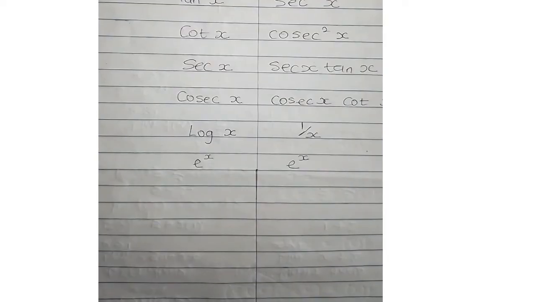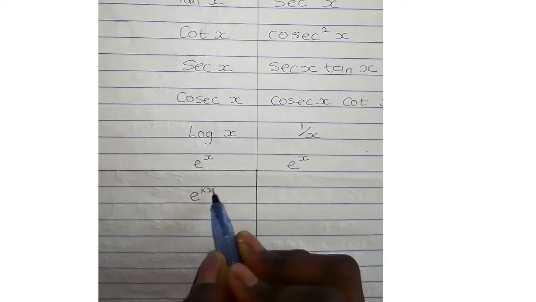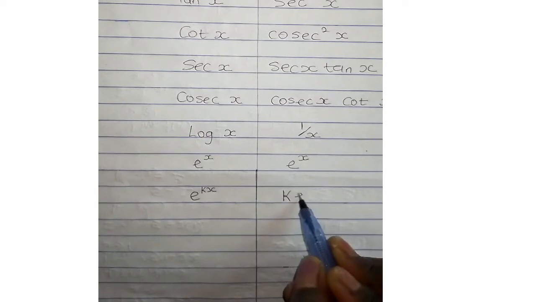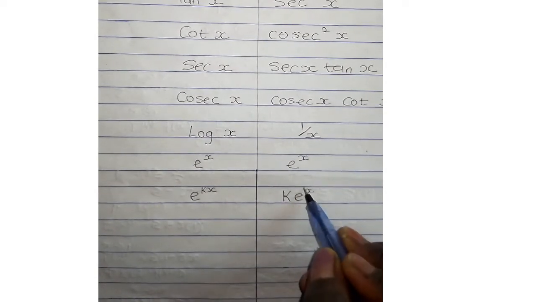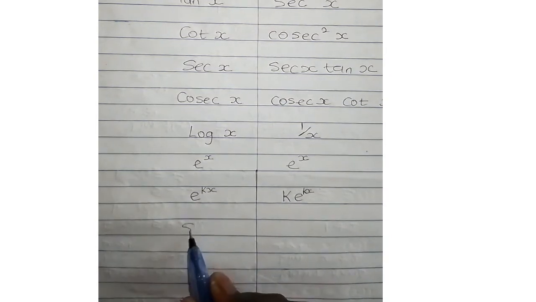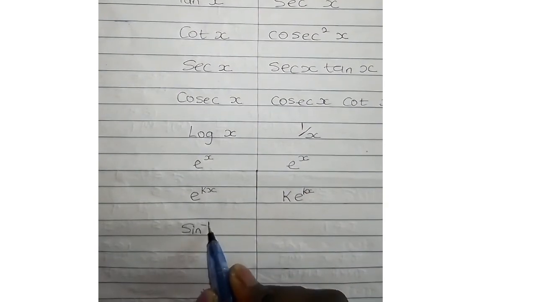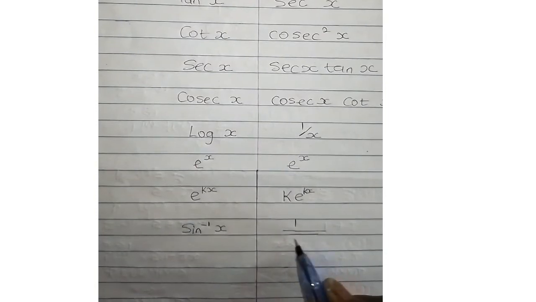When we differentiate exponential with a constant k times x, this is going to become k times exponential of kx. When you differentiate the sine inverse of x, we're going to have 1 over the root of 1 minus x squared.